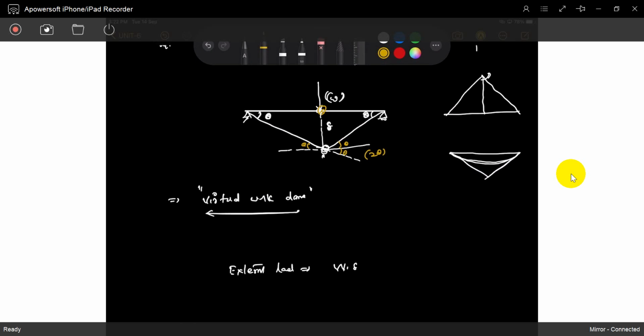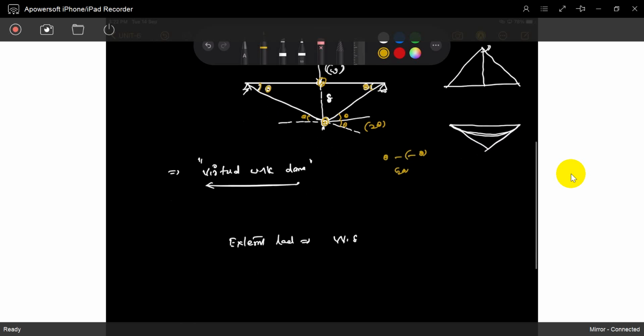At this location, how much is the structure rotated? We already discussed influence lines. If you take this as a positive slope, this is a negative slope. So it is 2 theta. What is the internal work done, not a load?